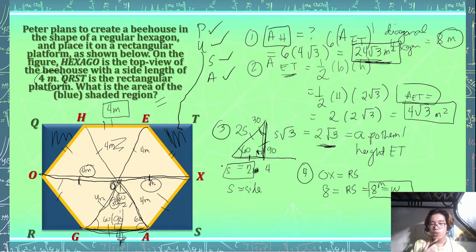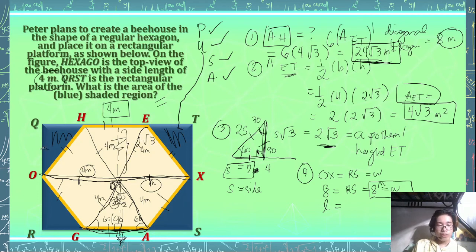So how are we going to solve for the length? Solving for the length of the rectangle, I'm sorry, this was for the width. So we have here the rectangle. If we focus here on one triangle, it has an apothem or a height of 2 square root of 3.